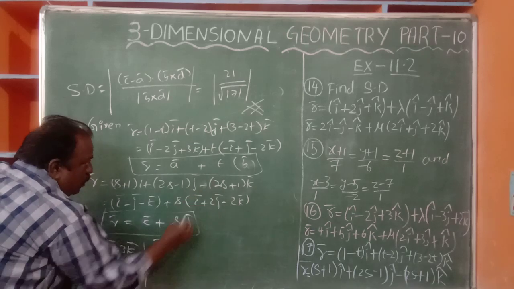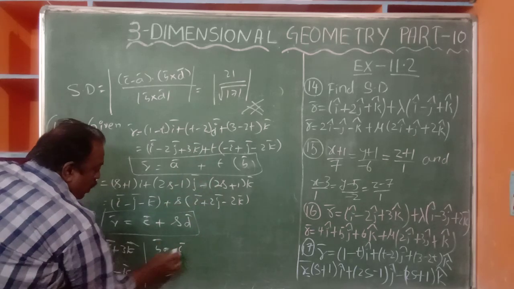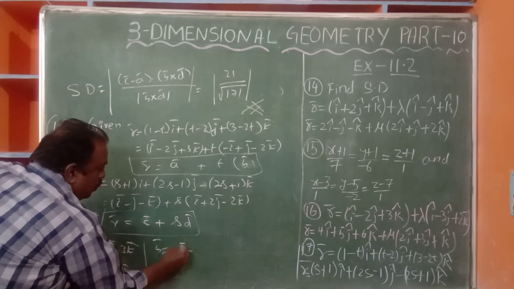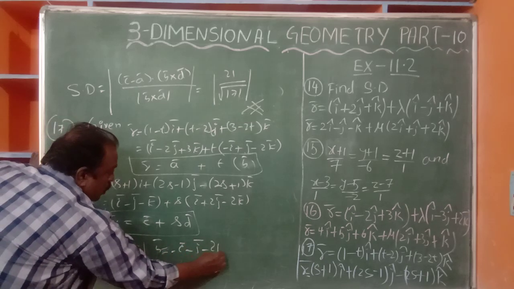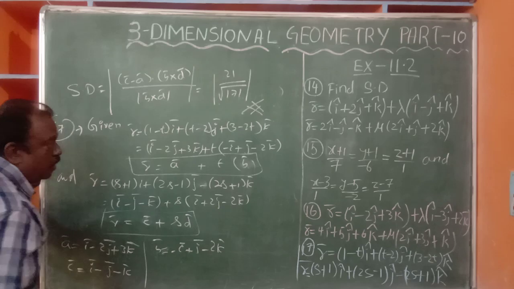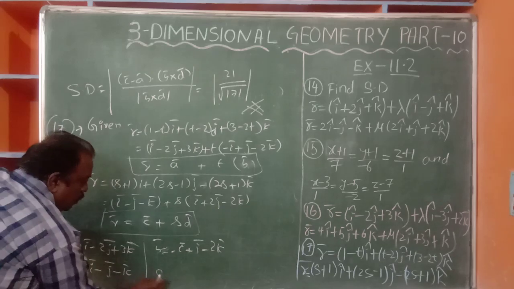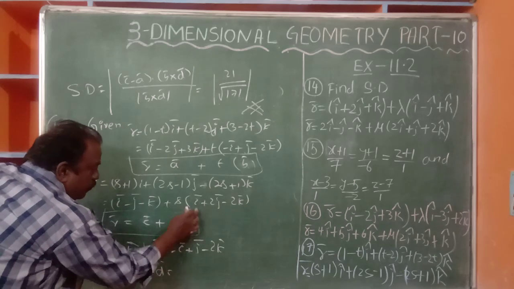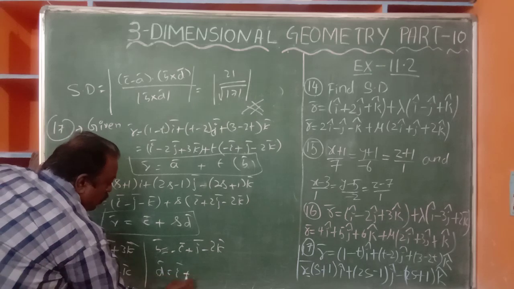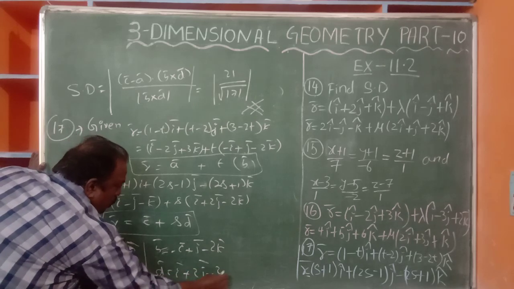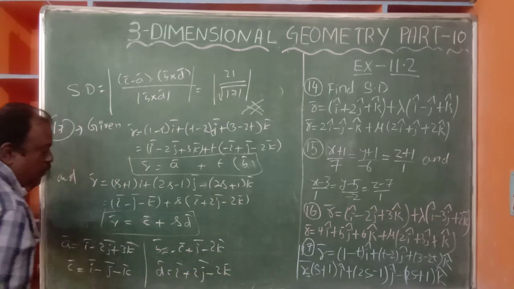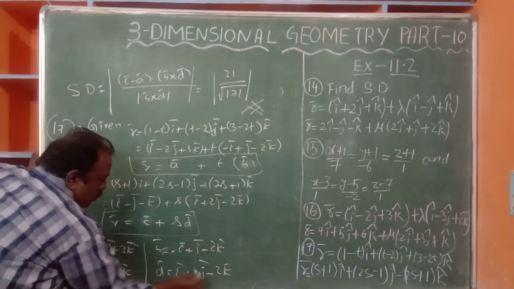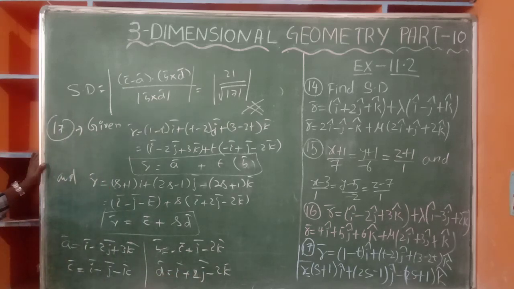B bar is minus i plus j minus 2k. D bar is i plus 2j minus 2k.